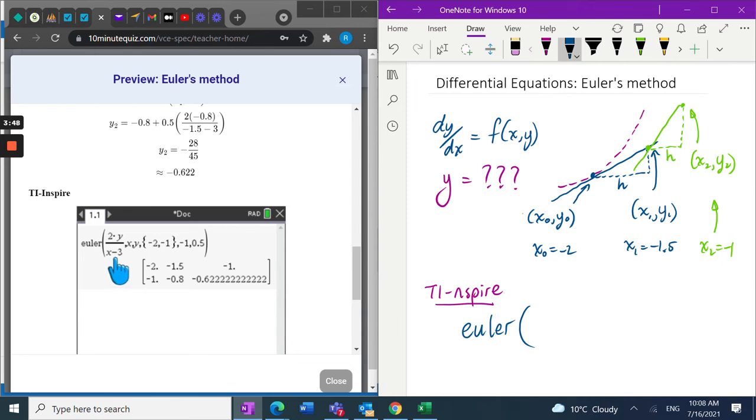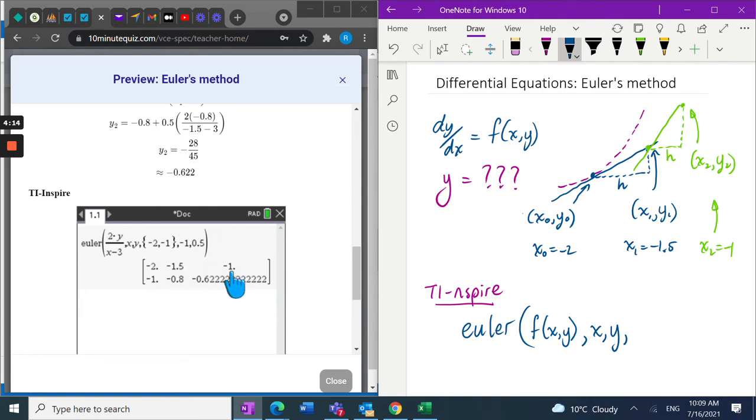We need to put quite a lot of information into this Euler function. The first thing we need to put in is our derivative, which we call f of x or f of x and y. That's always given in the question. Then comma x, comma y. It could be comma t, comma x if we had a dx dt equation. In the curly brackets we've got x0 and the last value of x that we're interested in.